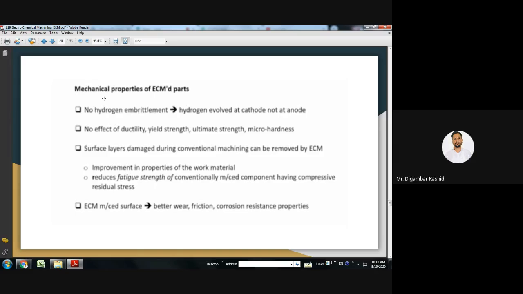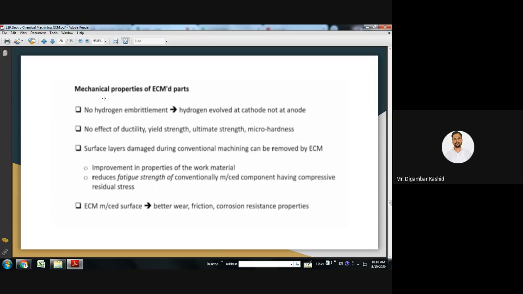Micro hardness means the hardness of the machine component, as well as the surface layers which are damaged during conventional machining. If you compare electrochemical machining with conventional machining, the surface layers damaged during conventional machining can be removed by electrochemical machining.